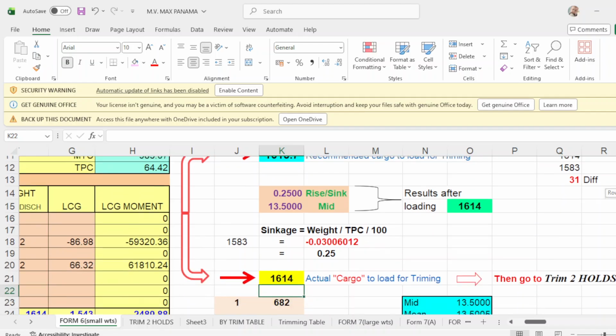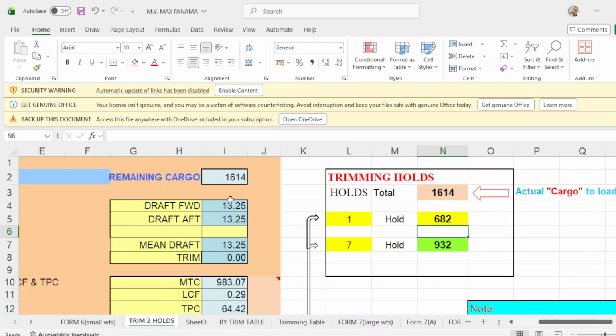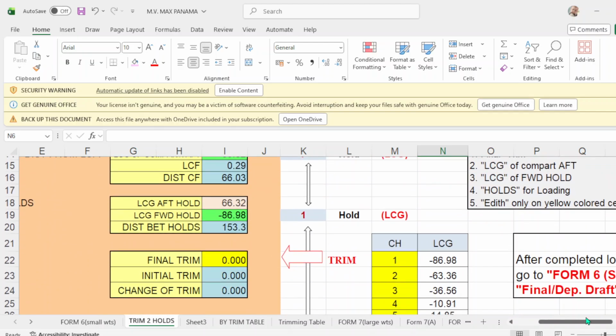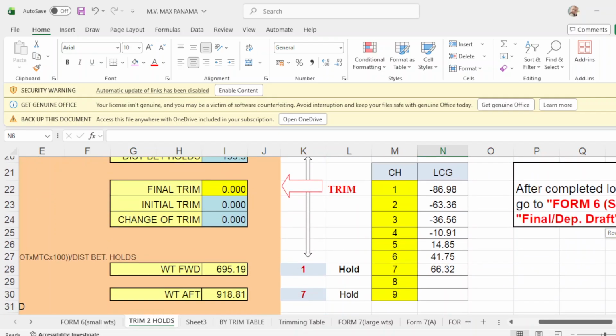So let's continue. This here is the actual cargo to load for trimming, then go to trim holds 2. So you go to trim holds 2, take note of the remaining cargo to load of 1614, and we have a trimming hold of 1 and 7. So then you have a 0 trim there, no list, no trim.